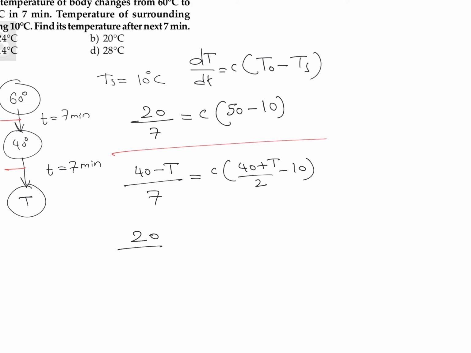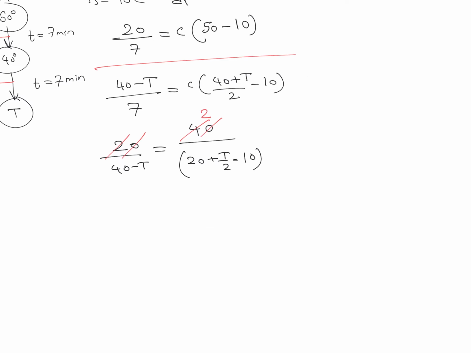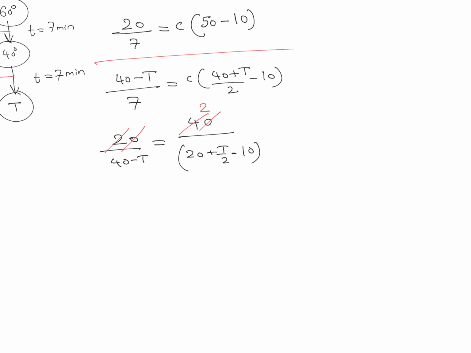We can write it as 20 divided by 40 minus T is equal to, the C gets cancelled, 50 minus 10, we can write it as 40, divided by, over here you can write this as 40 by 2, which is 20 plus T divided by 2 minus 10. Further, the 0 here and the 0 here get cancelled, this 2 and this 2 cancel, and 20 minus 10 is going to be 10.